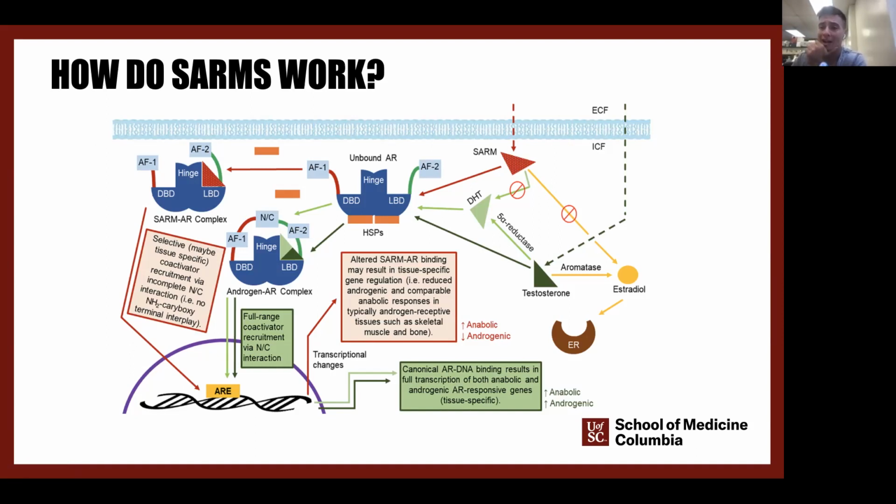There's still activation of the androgen receptor, and it still translocates into the nucleus and binds to that target gene, but it might not be to its full extent. That increases transcriptional regulation of this tissue, but potentially with reduced androgenic properties of that tissue, and in theory comparable anabolic properties to our natural physiological testosterone.